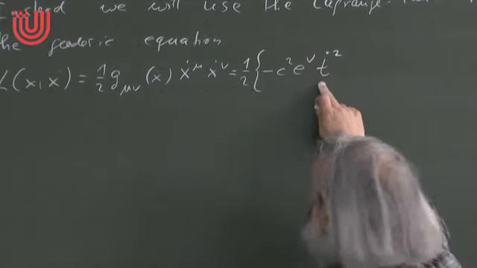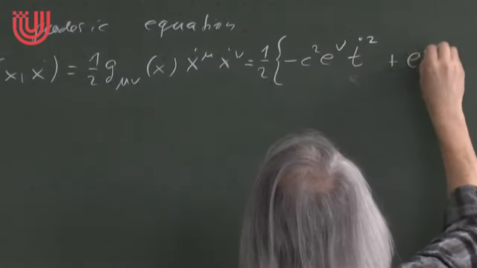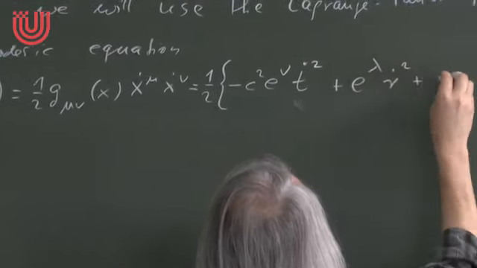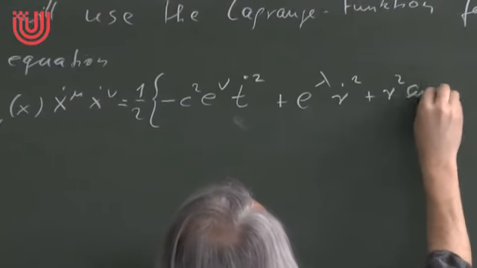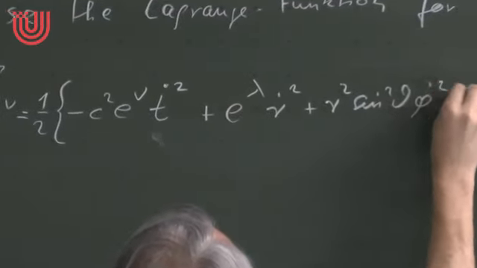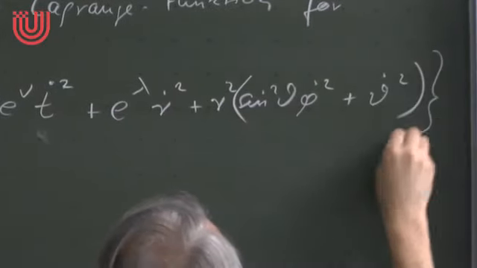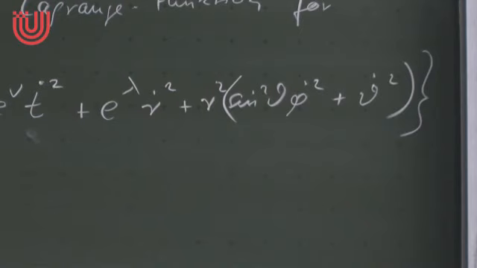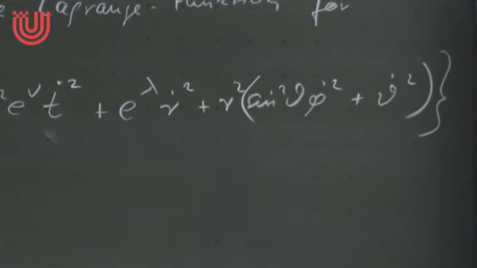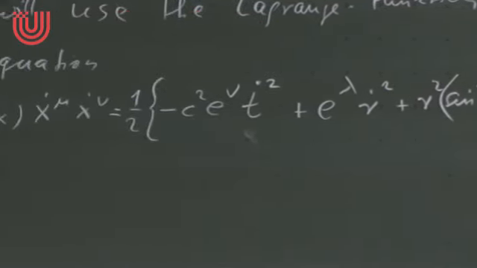So that was the first term. Then comes e to the lambda r dot squared plus r squared sine squared theta phi dot squared plus theta dot squared. And this bracket is closed. So what do we do now? This Lagrangian gives us a geodesic equation.